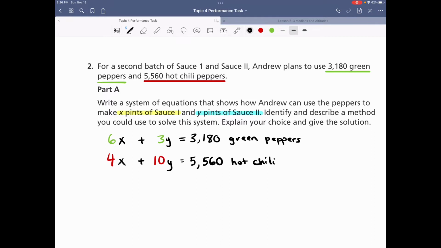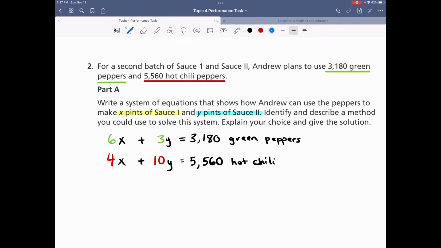And we can choose graphing, we can choose elimination, or we can choose substitution. I'm going to choose to multiply each equation by a constant and solve this using elimination. So let me grab a new color just to make it clear what we're doing. I want a number that can help me eliminate the 6 and the 4 and the X's.